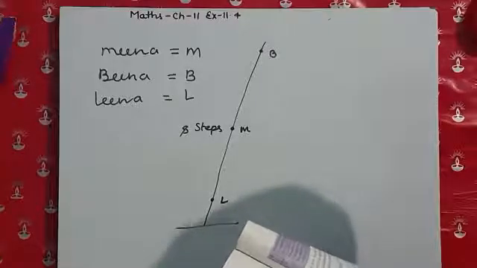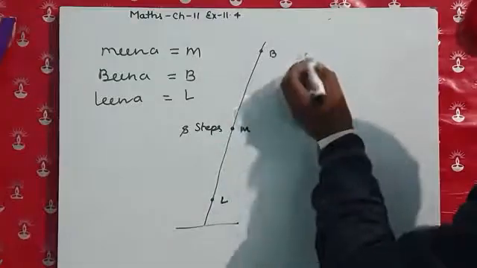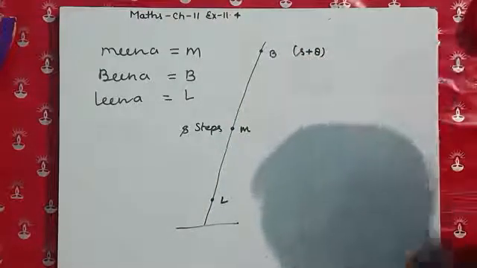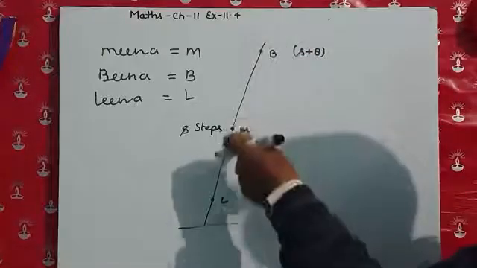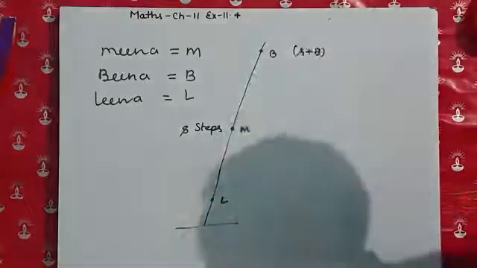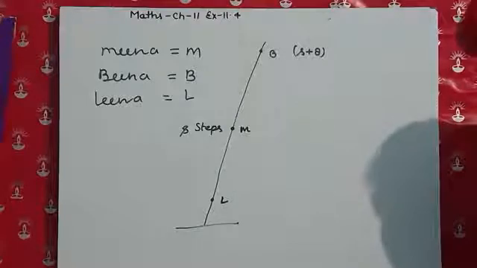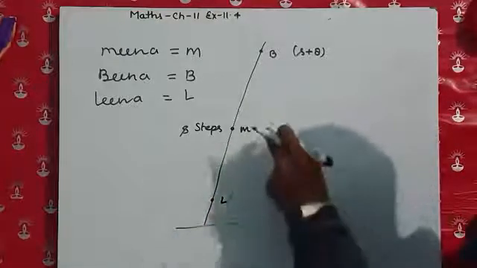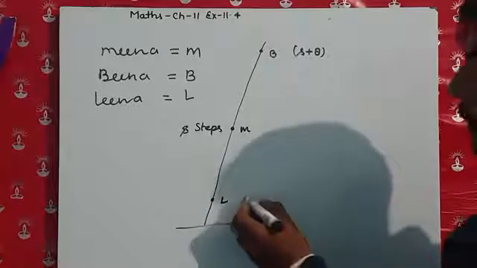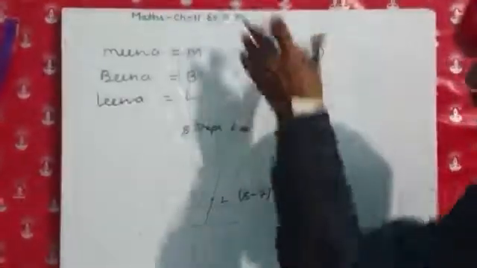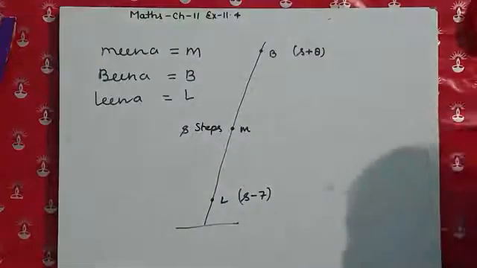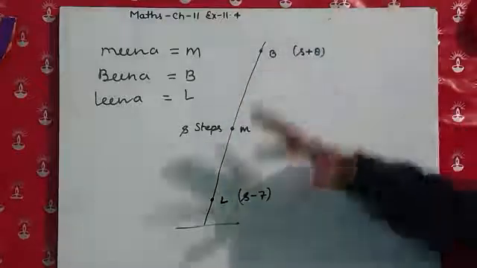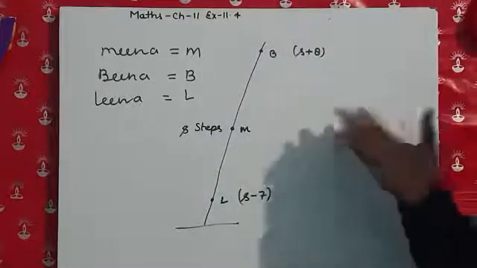Beena is 8 steps ahead, so the position of Beena is S plus 8. Leena is 7 steps behind, so it will be S minus 7. This is the common method: first you have to create the image of the question in your brain, then it will be easy to solve.